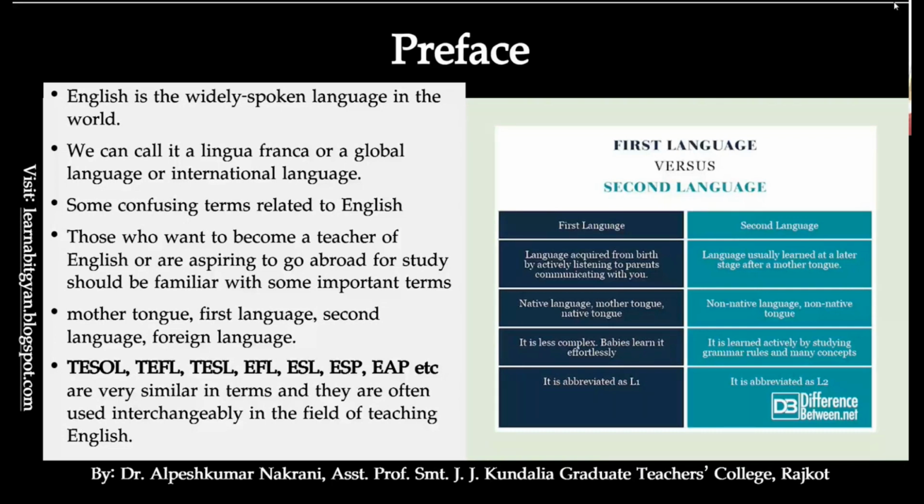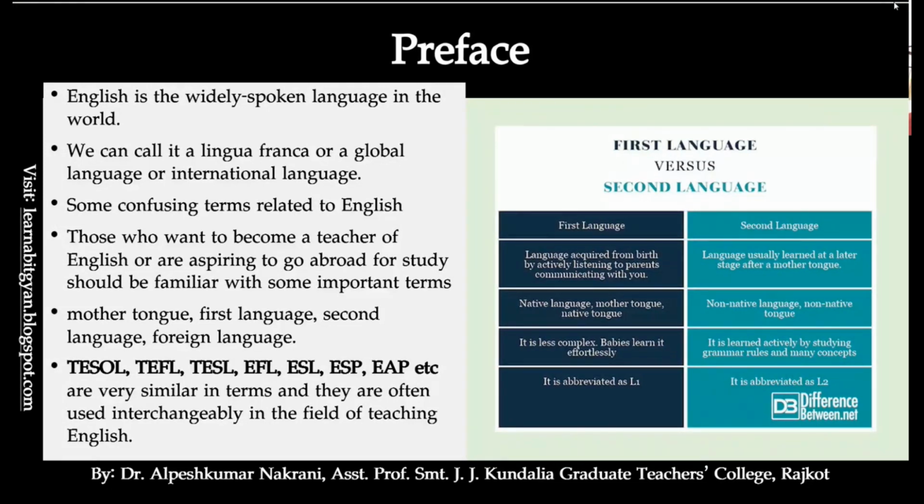When you have learned your first language, then you start learning many other languages. So they become your second language. You already know one language, and at a later stage of your life, you start learning new languages.